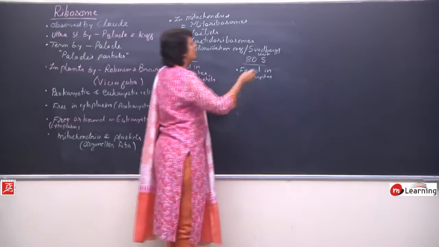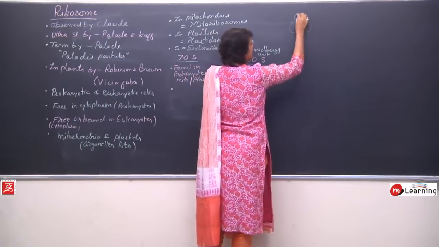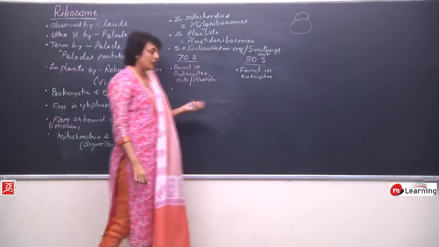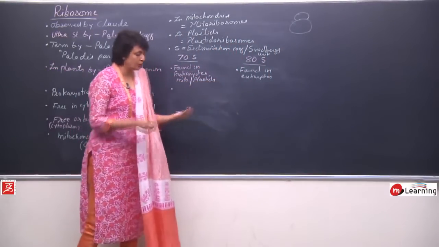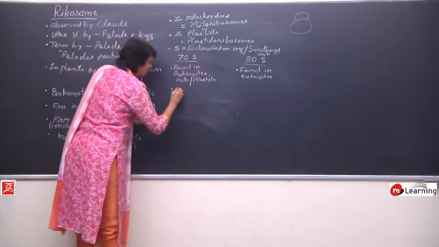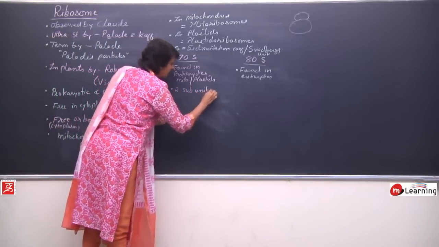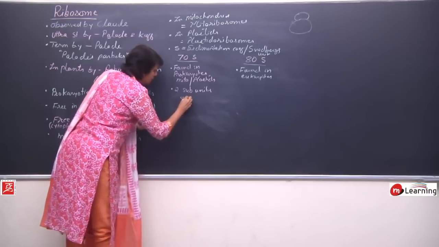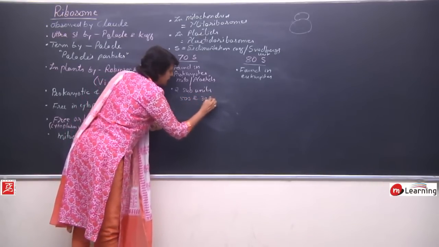Each ribosome is made up of two subunits. Normally when we draw a ribosome, we make a larger subunit, and attached to that larger subunit is a smaller subunit. So in 70S also there are two subunits, 50S and 30S.